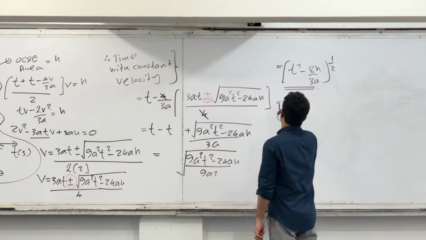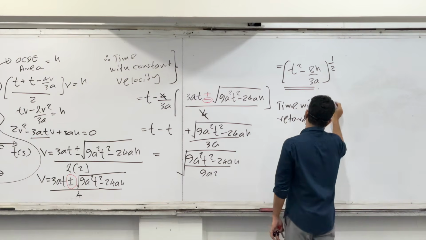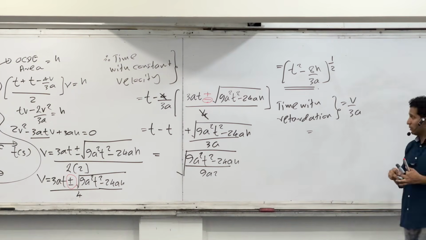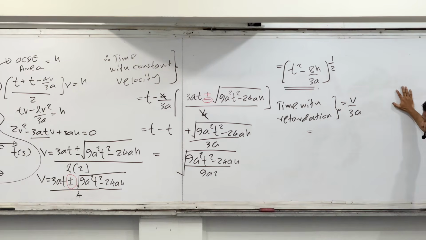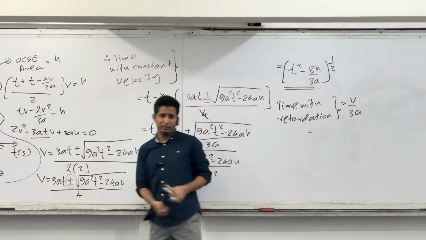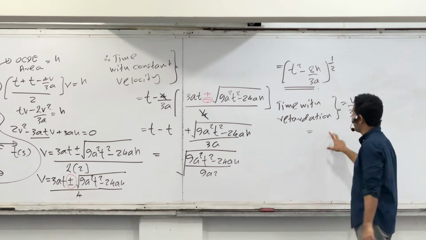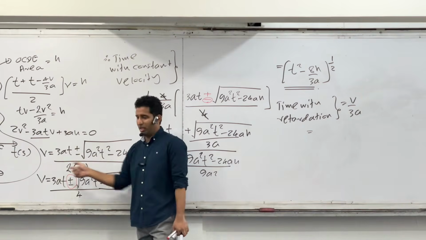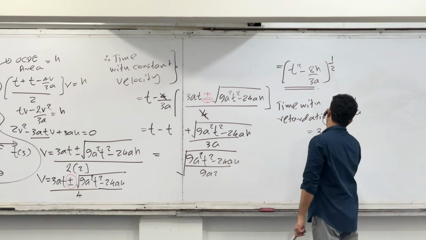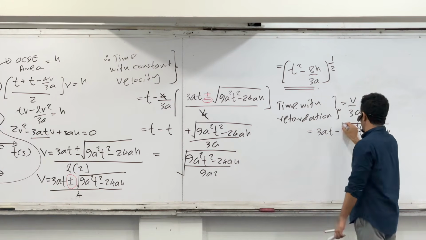Here again you need to consider which case to take, plus or minus for v. Here we took minus, so that minus is right. Time with retardation is v divided by 3a, and we know what v is, with the minus. So divided by 3a, you can say 3at minus 9a squared t squared minus 24ah, divided by 4.